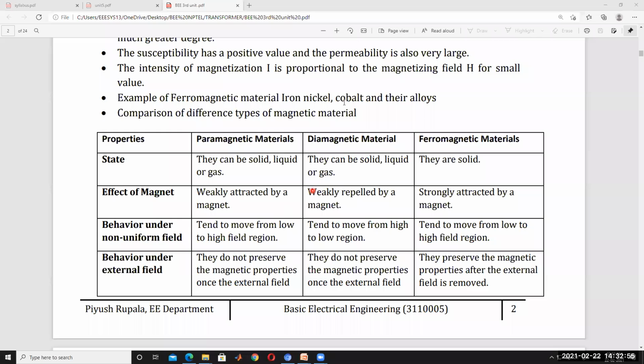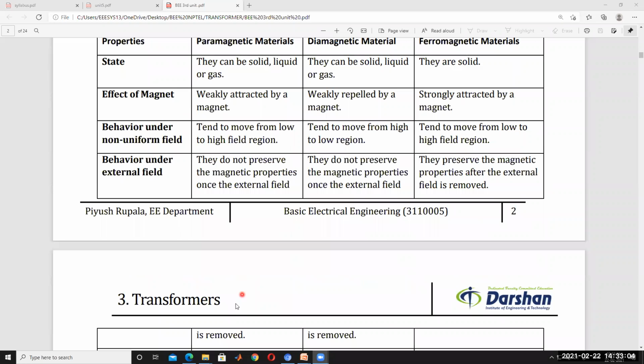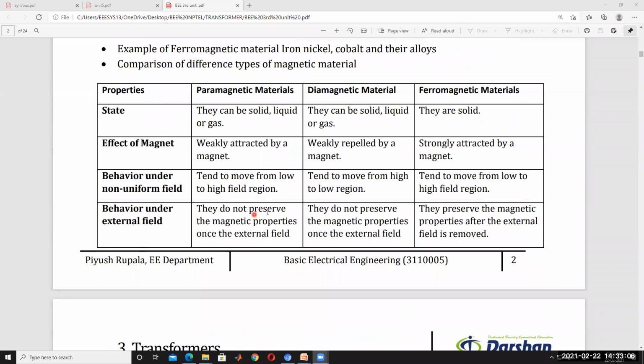So this is the behavior under the external field. When the external field is removed, paramagnetic and diamagnetic materials do not preserve any magnetic properties, but ferromagnetic material is different. It preserves the magnetic properties after the external field is removed. This is one of the main important concepts of ferromagnetic material.